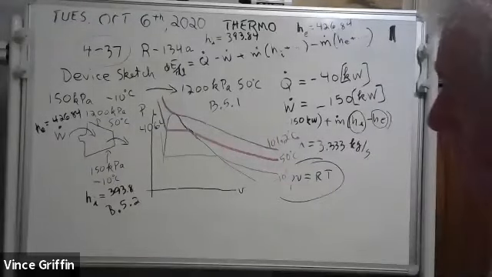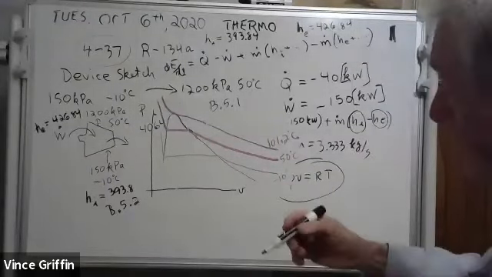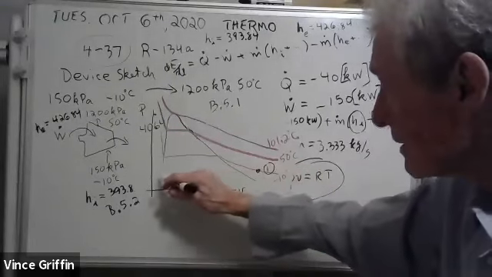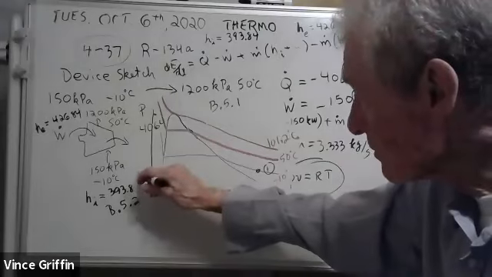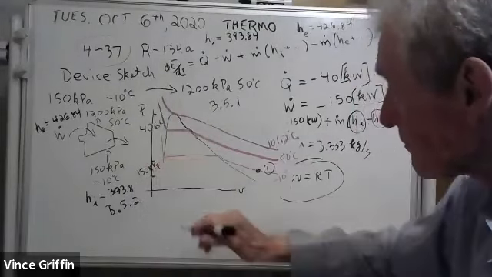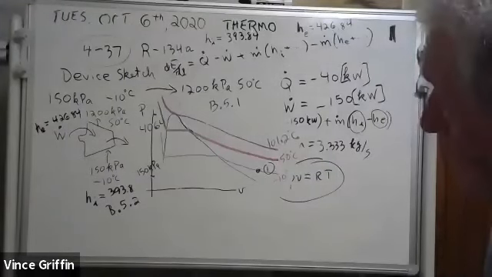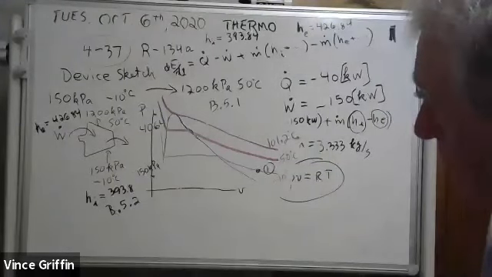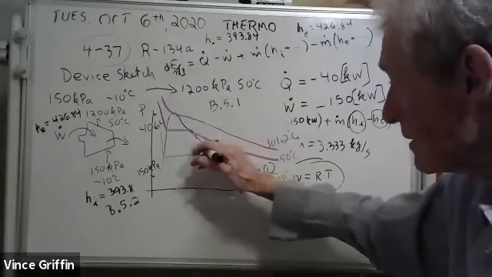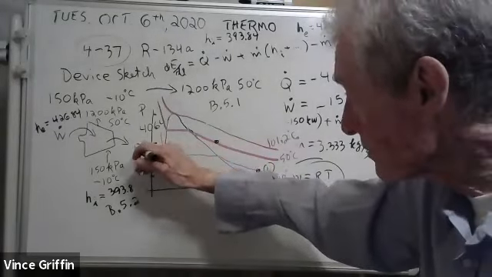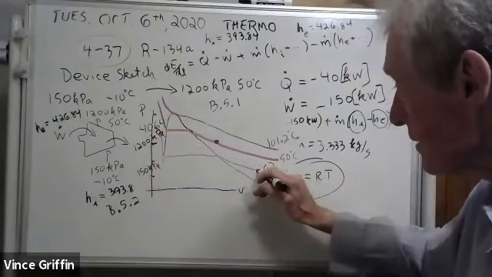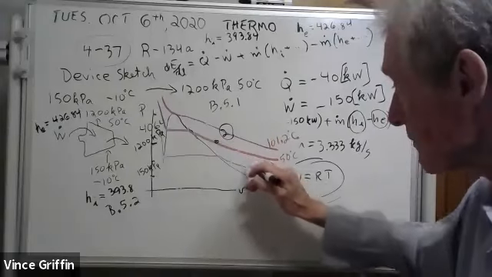Okay, now we're starting off at 150. Here's state 1. We are in superheated vapor. We're at 150 kilopascals. And we're going to go to 1200 kilopascals. That'll be right in here someplace. Here's your 1200 kilopascals. And here's your state 2.